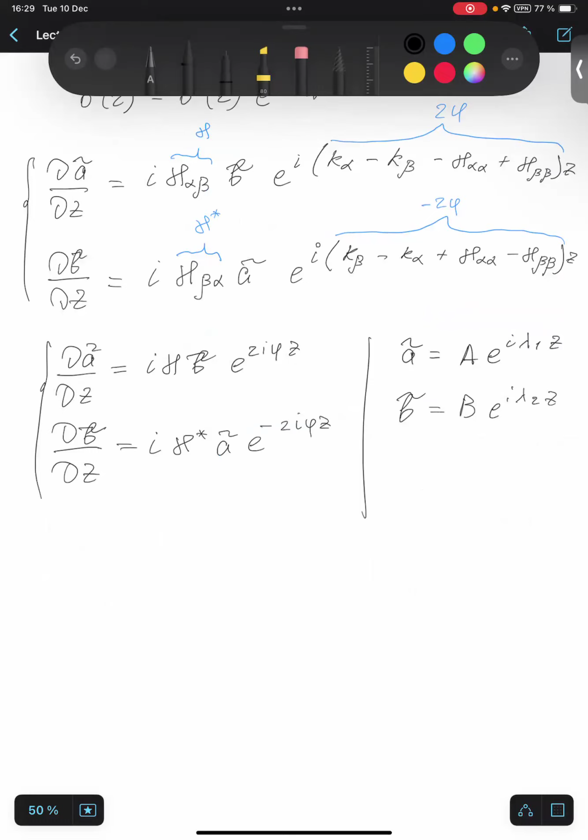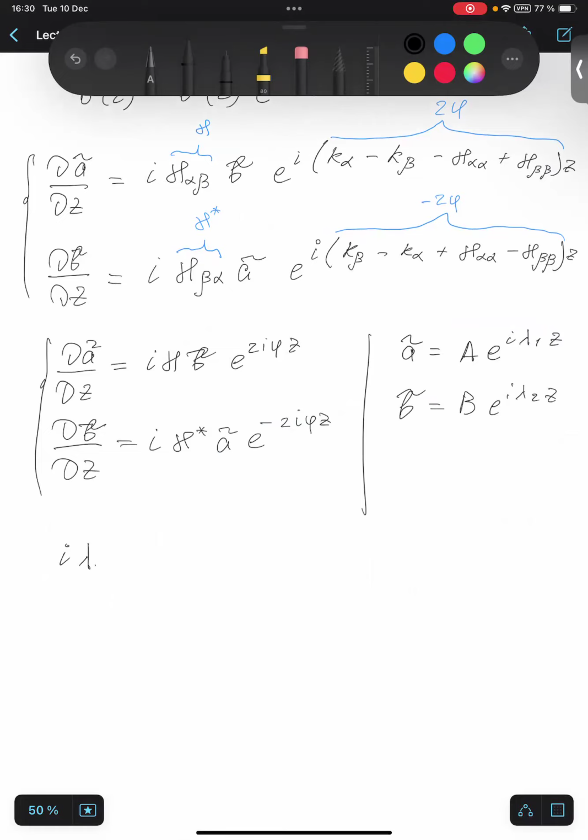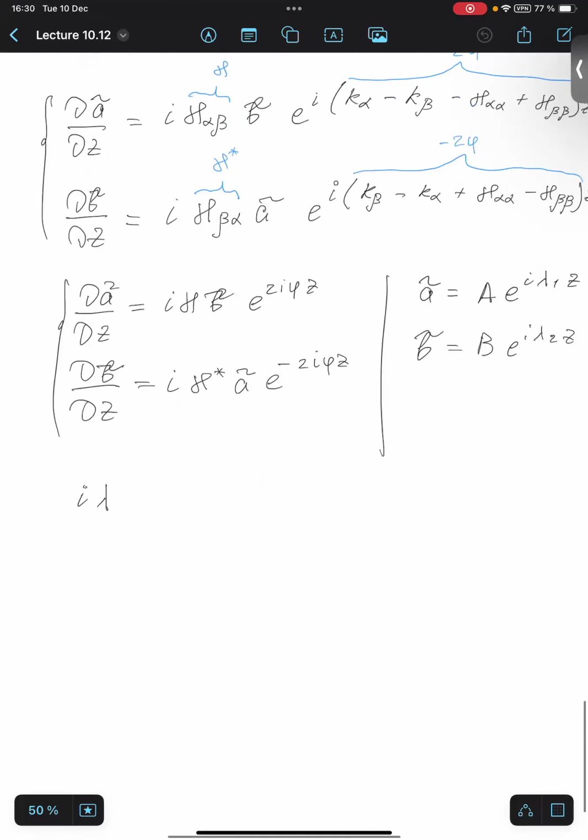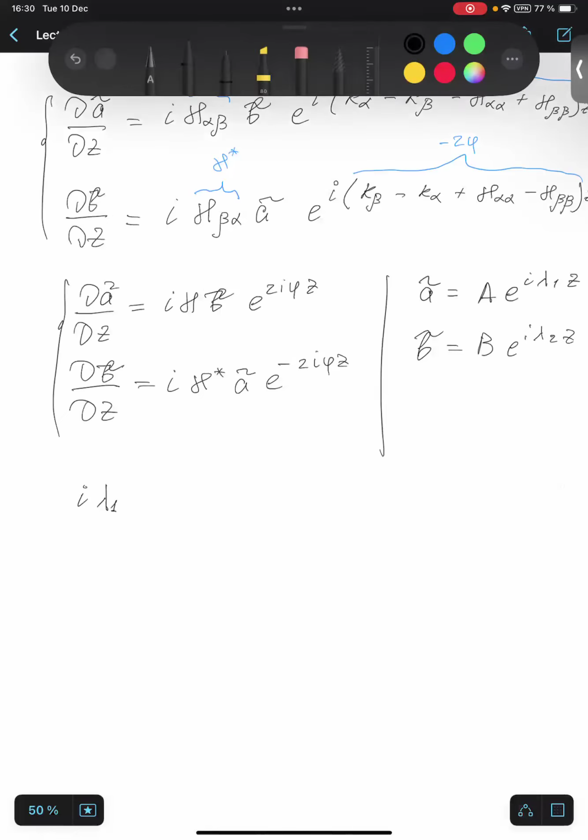That's why we consider it like this and substitute into the system to obtain: i lambda 1 A equals i kappa B e^(i(2 phi plus lambda 2 minus lambda 1) z). Good.